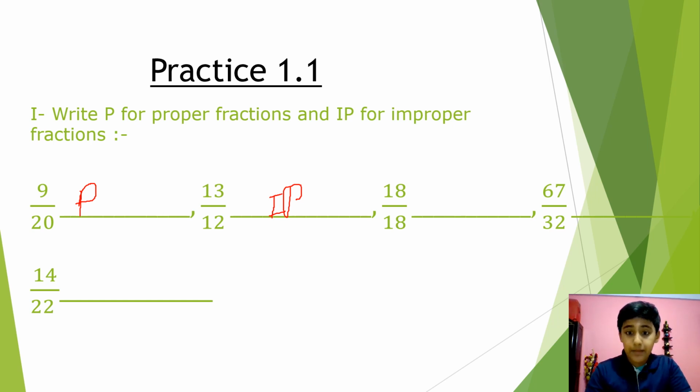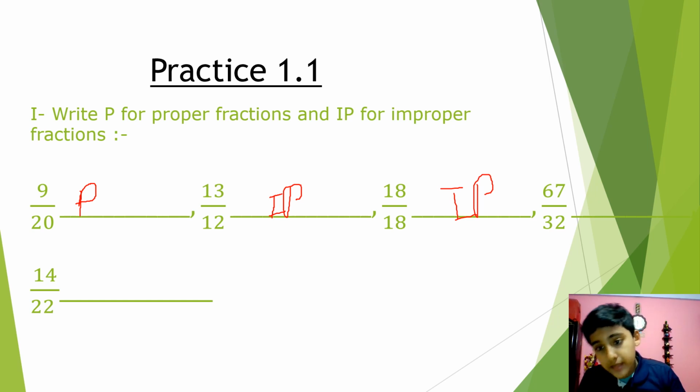So we will write IP for that. 67 by 32. As we can see here, the numerator is greater than the denominator. So we learned in the previous slide that 67 is greater and 32 is less. So we write IP for improper. 14 by 22.